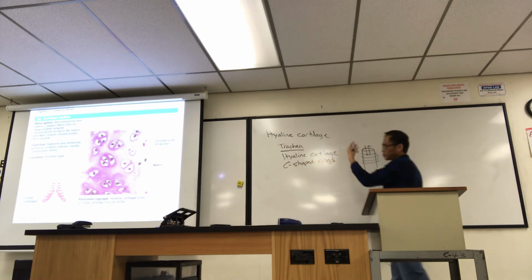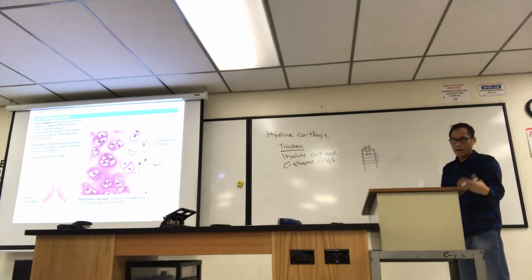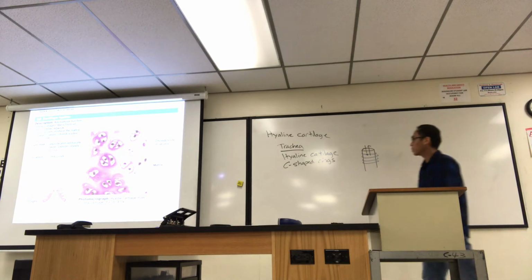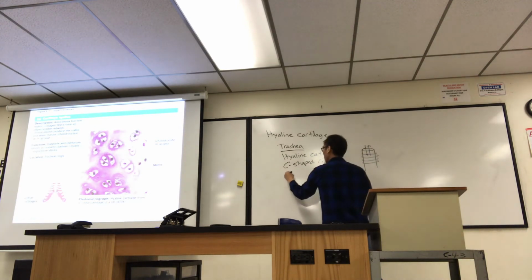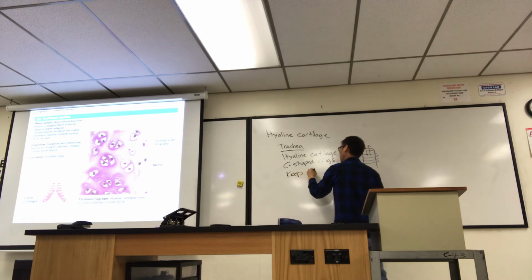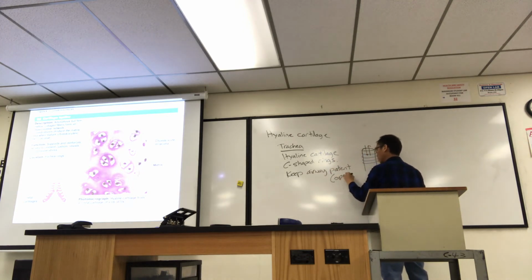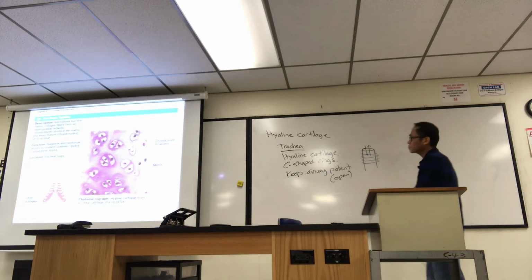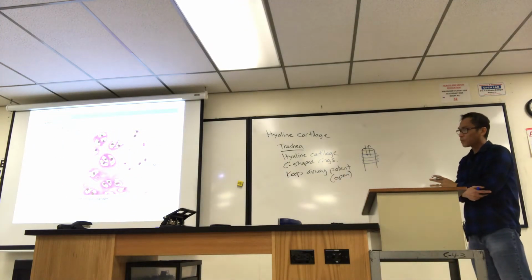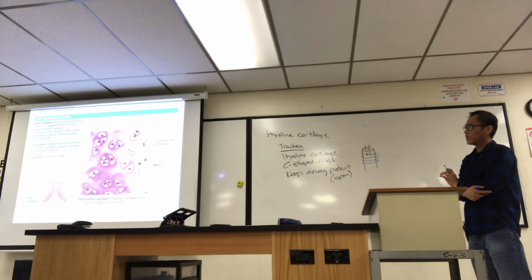The function, well, in the trachea, the function is to keep the airway patent, keep the airway open. Patent means open. So what you want to look for are the chondrocytes in lacuna.